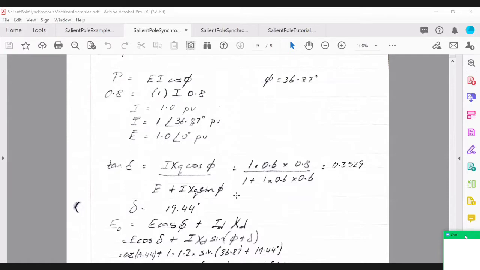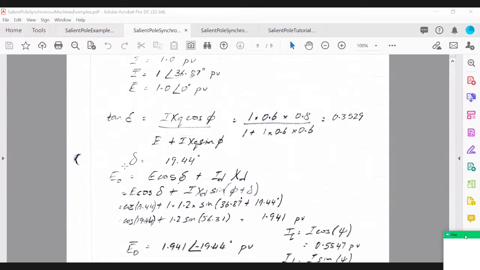Okay, and again, we've shown this equation in your notes. The terminal voltage is E cos of phi. When we resolve that vector and add this component, which is I d xd, on your phasor diagram in your notes, you will find that you end up with this induced voltage E naught.